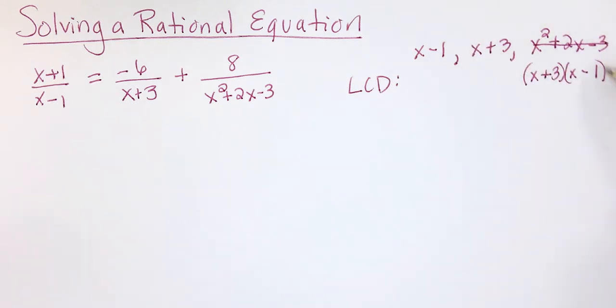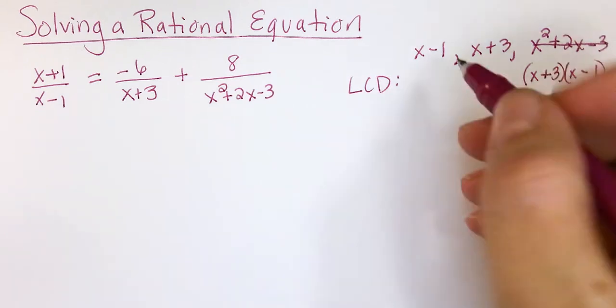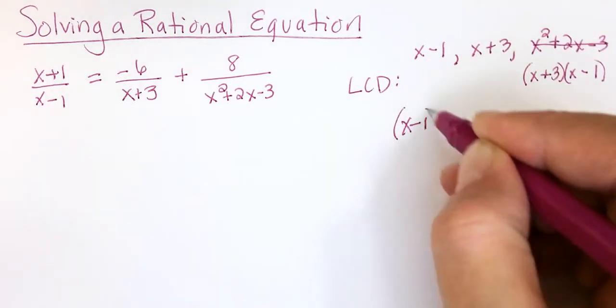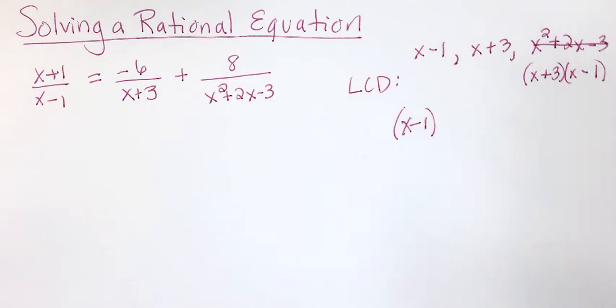So we do want to look at the factored form. Now, if we're looking to find the LCD, what we're going to do is just take the first one. So we have x minus 1. And if we've used that x minus 1, that's going to really take the place of using it here and here.